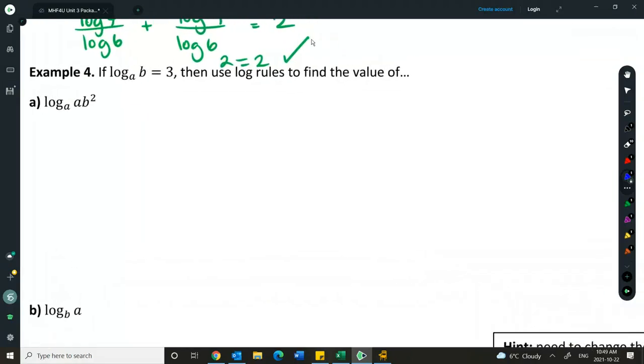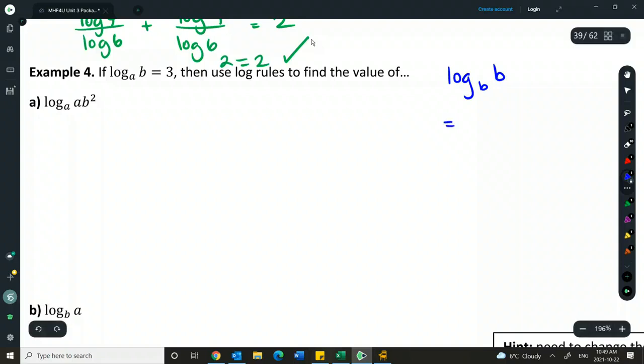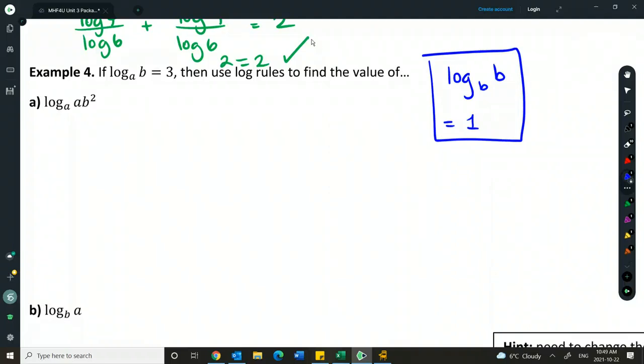We should also make note of something that we discussed the other day, which is what is log base b of b? 1. Why? Why is this true?